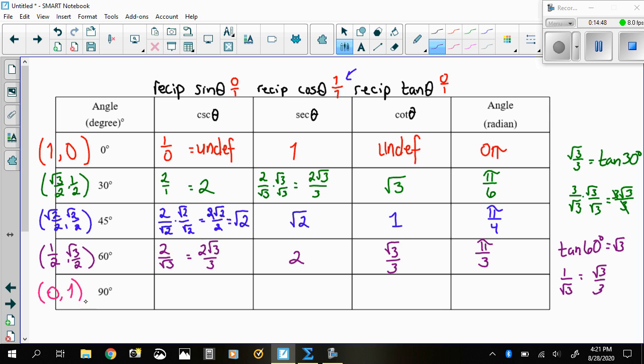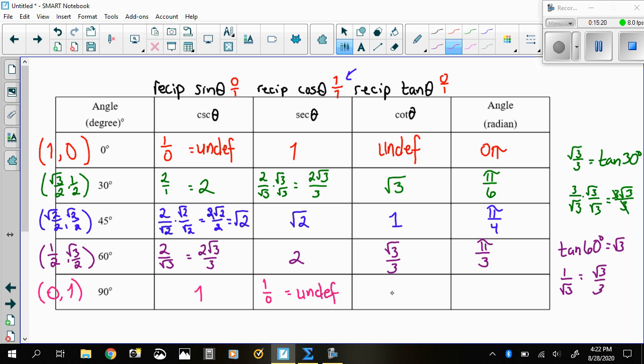Okay, 90 degrees, the reciprocal of 1 for the cosecant is going to be 1. We've done this a couple of times. And again, for our cosine value, 0 over 1, that would be 0, and we flip that over so that becomes 1 over 0, and that becomes the undefined value.